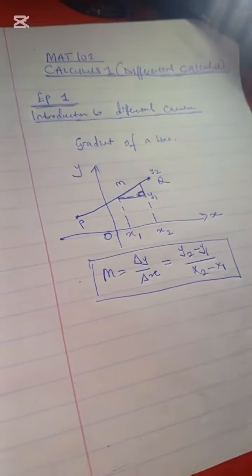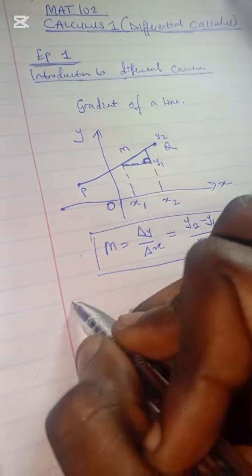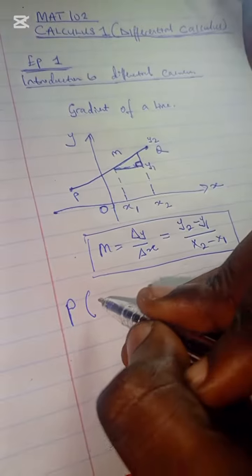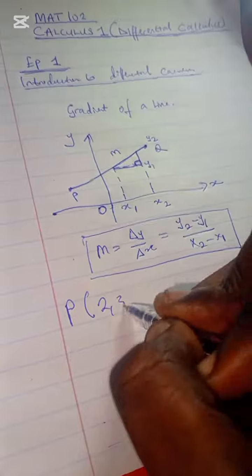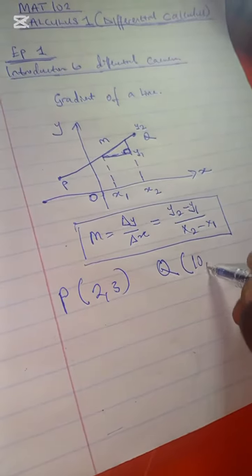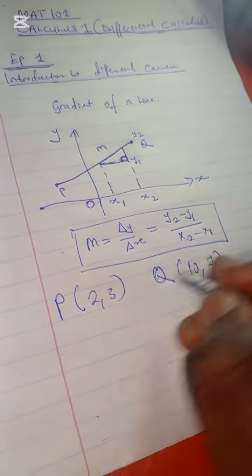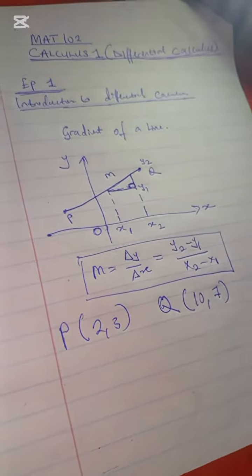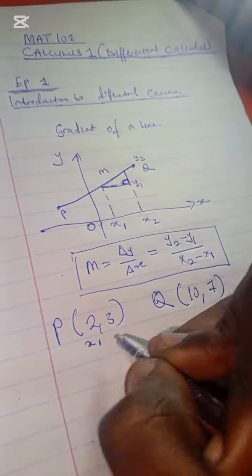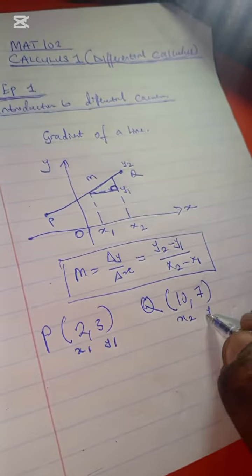Now let's quickly take an example. Let's say we have point P with coordinates (2, 3) and point Q with coordinates (10, 7). We have to find the gradient of this line. So this is our x1, y1, and x2, y2.